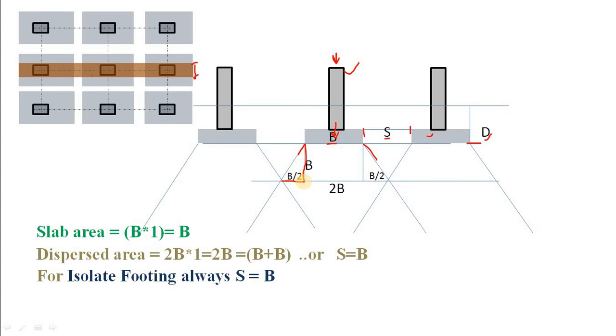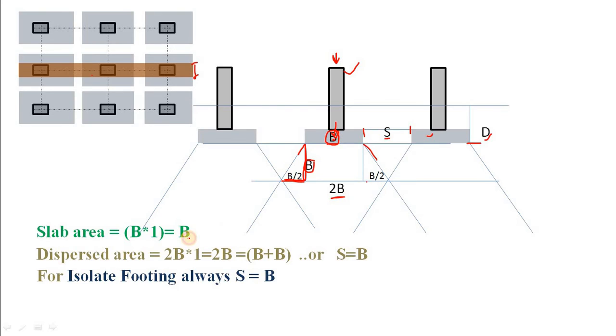In your shape bearing capacity, you consider the soil up to the depth of B, or the width of your footing slab. So in our case, this is B. So for depth B, the dispersion will be B by 2. Similarly, on this side also B by 2. So you can see for B width of your slab, the required dispersed width is B by 2 plus B by 2, or total 2B.